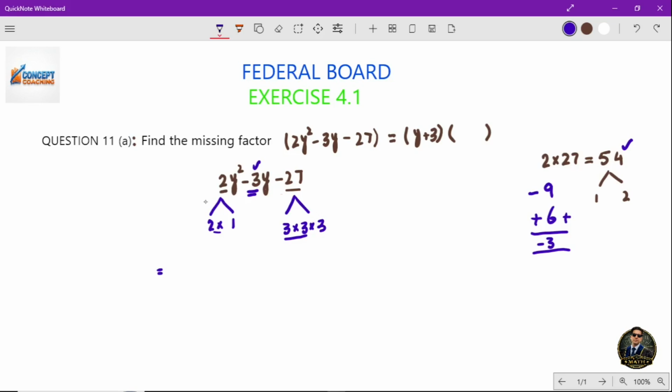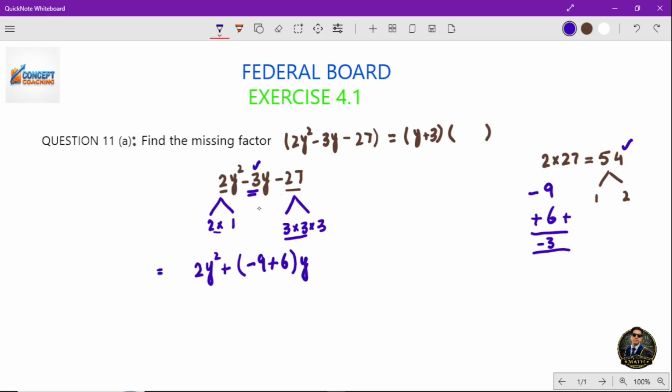So what will you do now? We just write 2y square, and then plus, and then we have these two numbers, minus 9 and plus 6, and y.